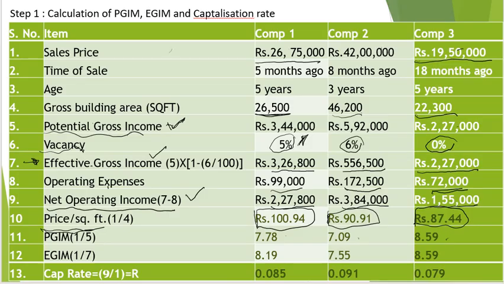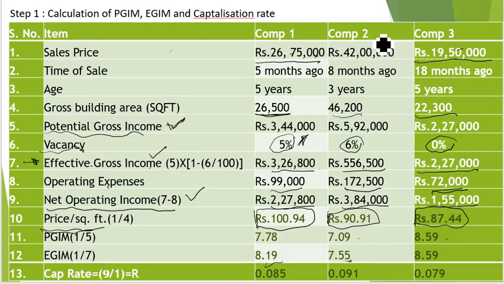Sale price divided by effective gross income. So 26 lakh 75,000 divided by 3 lakh 26,800, 8.19 is your effective gross income multiplier. 42 lakh divided by 5 lakh 56,500, 7.55 is your effective gross income multiplier for comparable 2. Similarly for 3, 19 lakh 50,000 divided by 2 lakh 27,000, 8.59.